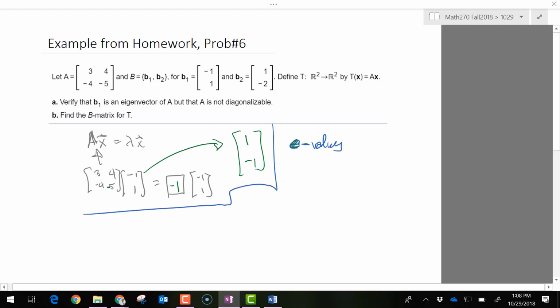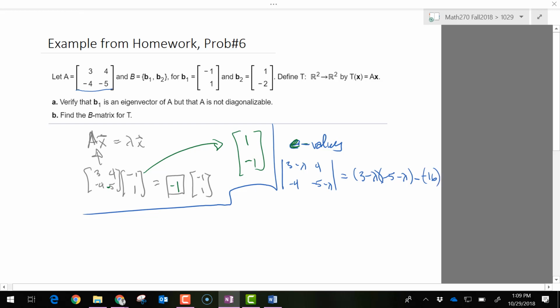Finding the eigenvalues, we take the determinant of 3 minus lambda, 4, -4, 5 minus lambda.